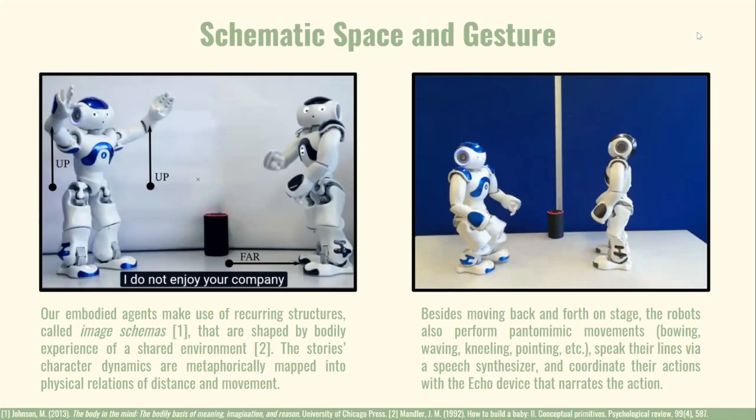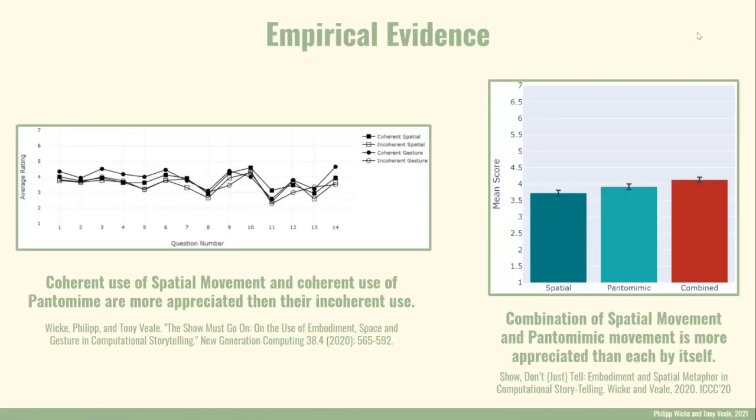We did the empirical evaluation of this. We showed coherent spatial movement and incoherent spatial movement, also coherent gestures and incoherent gestures, to participants in a storytelling setting. Then we asked them to rate the perception of the overall performance.